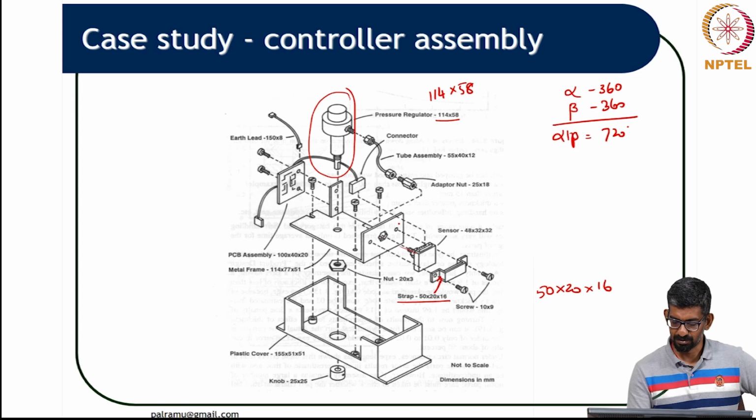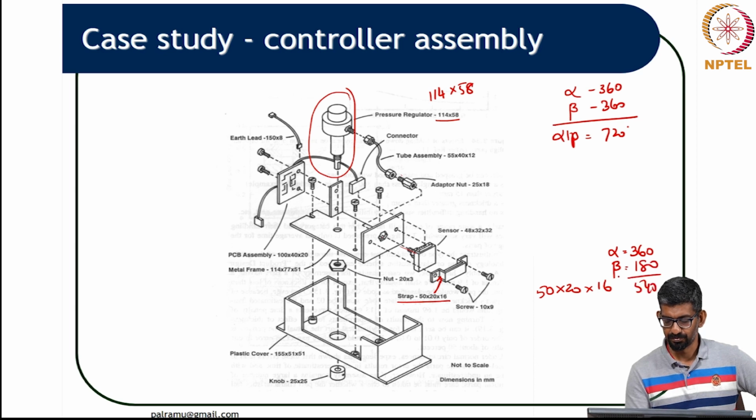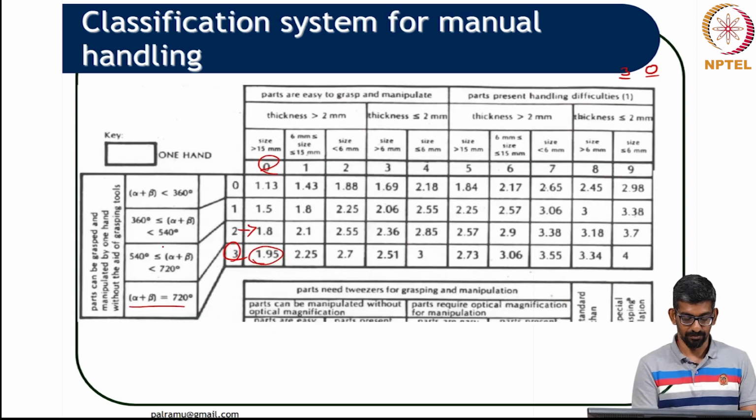Alpha is 360, beta is 180. So, 540. Okay. 540 means it is 2, because here it is less than 540, greater than or equal to is here. So, it is 2, and is the part easy to grasp and manipulate?